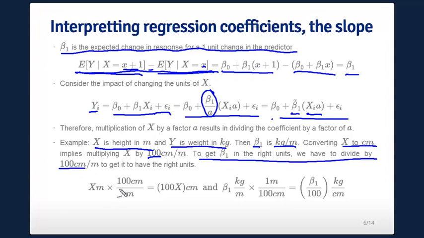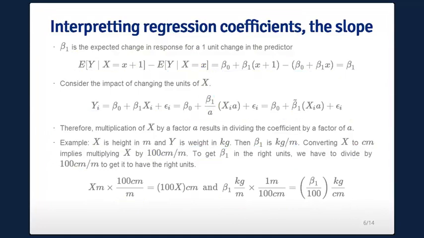Here's the unit discussion: x meters times 100 centimeters in 1 meter winds up with 100x centimeters. And beta 1, in kilograms per meter, times 1 meter in 100 centimeters works out to be beta 1 over 100 in kilograms per centimeter. So if you keep track of your units, you can't mess it up.